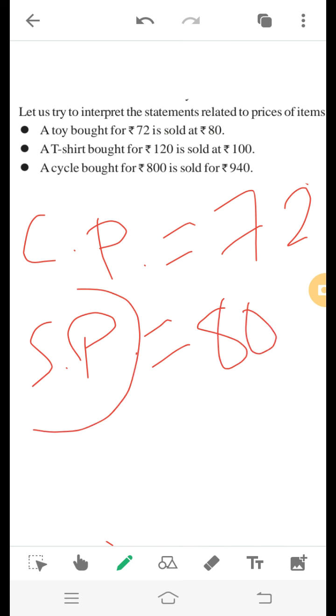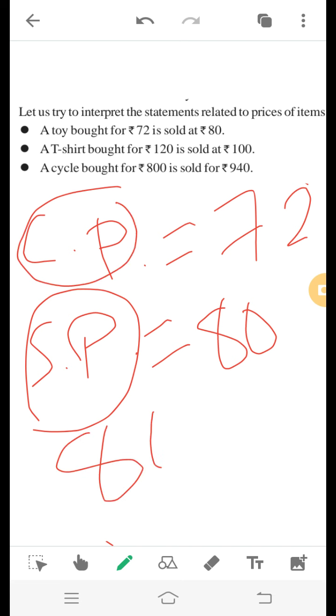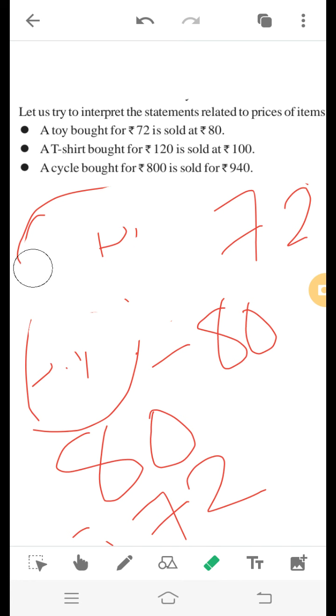Here selling price is greater than the cost price, so there is a profit, and we can find the profit from selling price minus cost price. So 80 minus 72 is equal to 8 rupees. So 8 rupees, that is the profit.